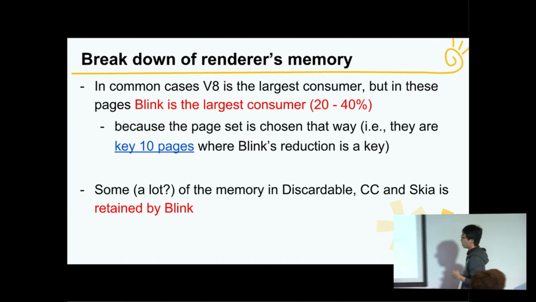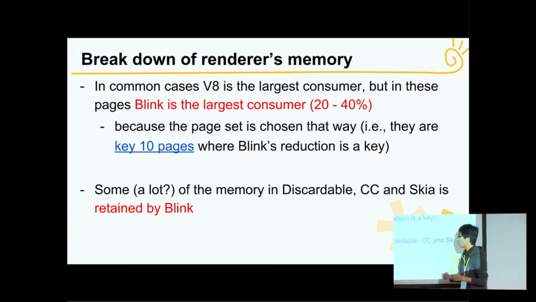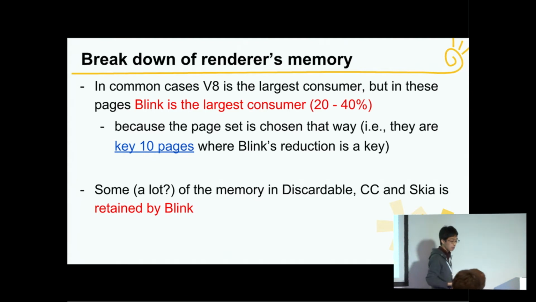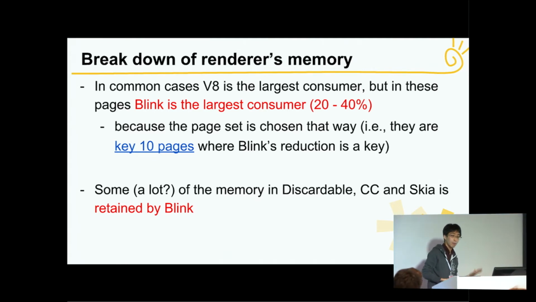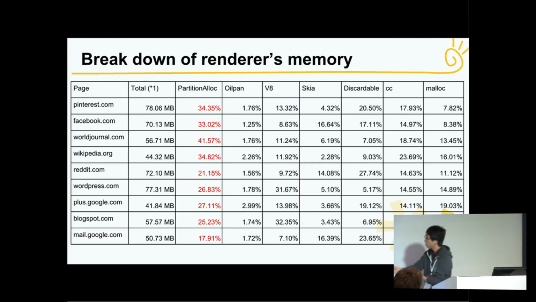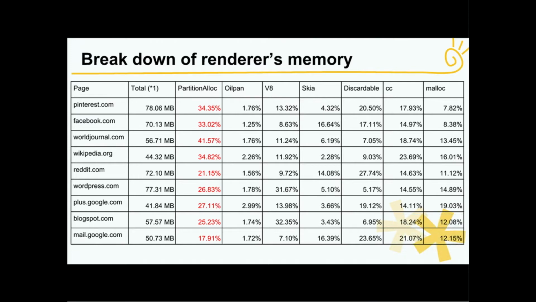And also, some of the memory in discardable, CC and Skia is retained by Blink. CC, discardable and Skia are consuming a bunch of memory, and some of it, I'm not sure how much, is retained by Blink. So it is important to understand the retaining relationship.